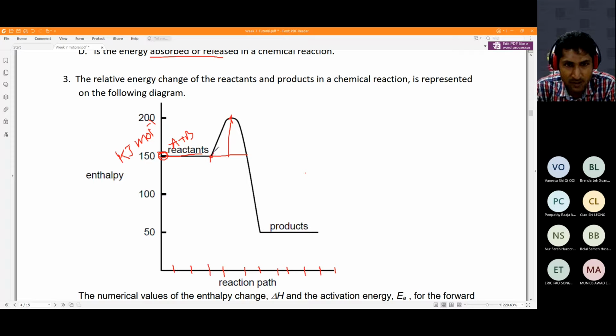But at the third minute, the heat of the reaction started to go up, and then it reaches 200 kilojoule per mole. And then it started to decrease, and goes all the way down, and at the sixth minute it goes to about 50 kilojoule per mole.